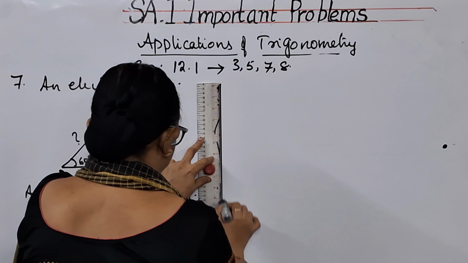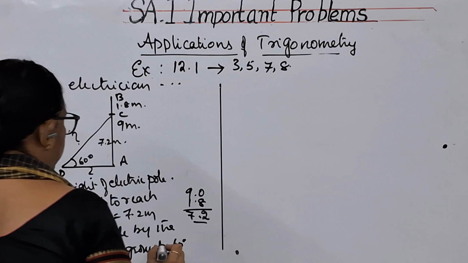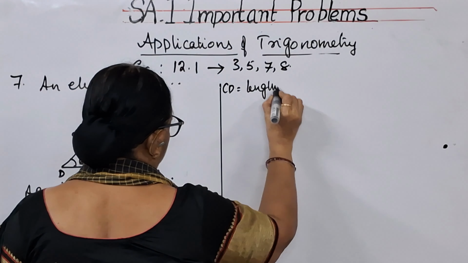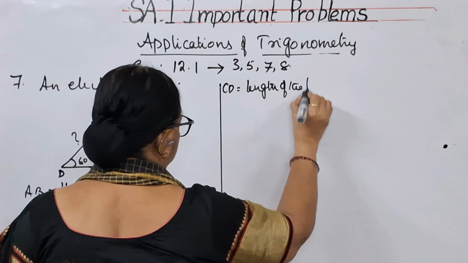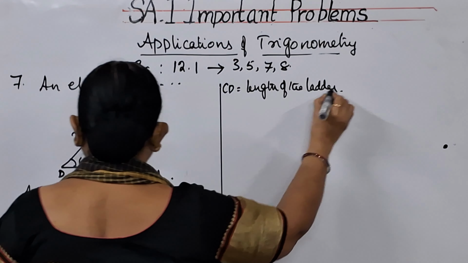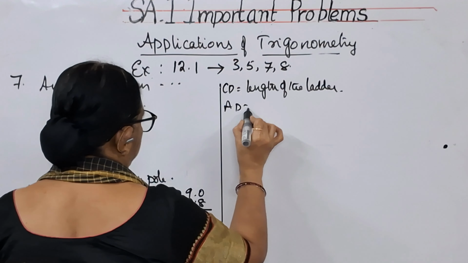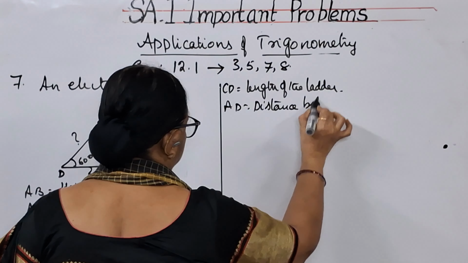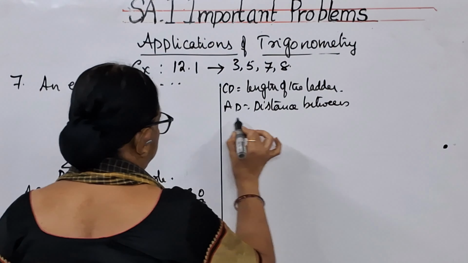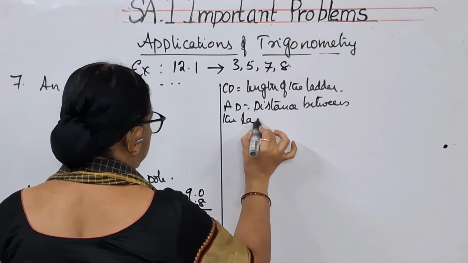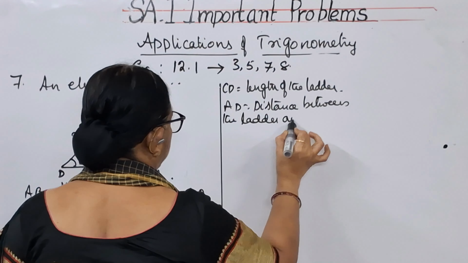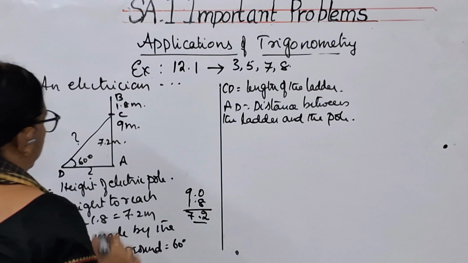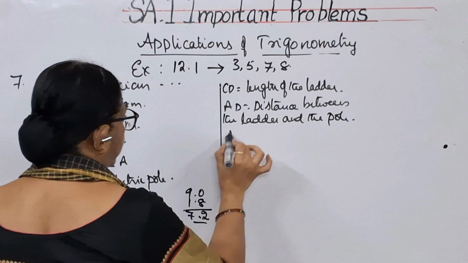So CD is the length of the ladder and AD is the distance between the ladder and the pole.